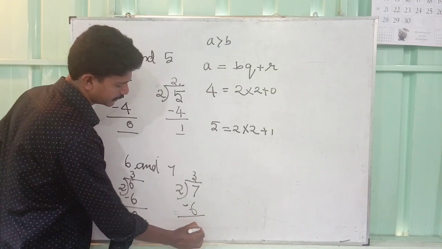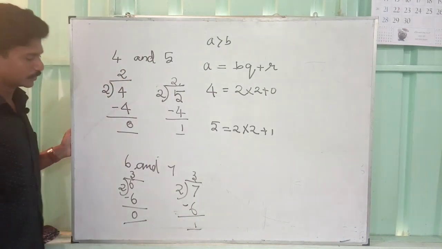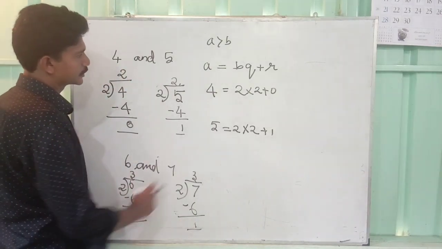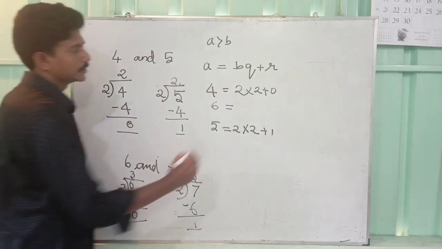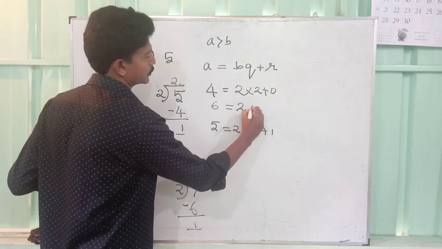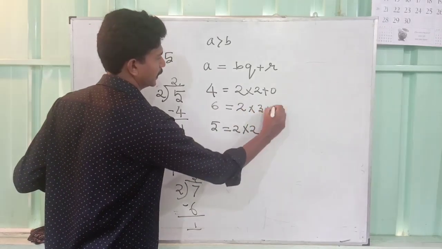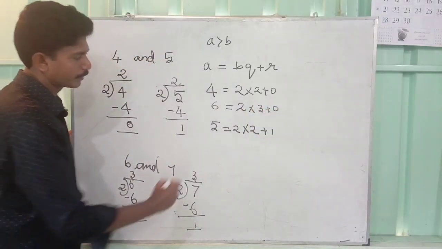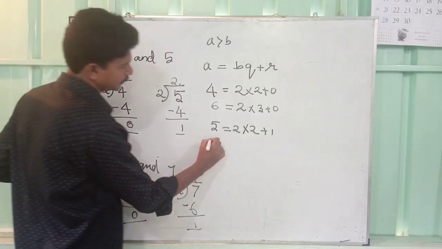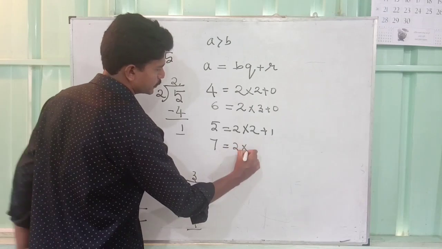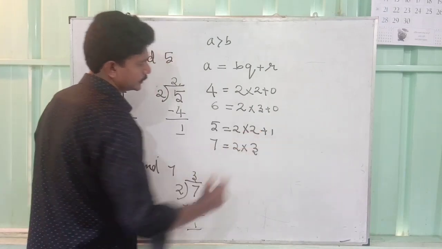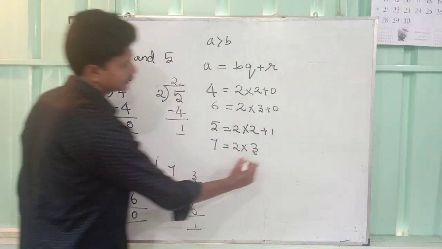When you subtract, we get the remainder as 1. Since 6 is an even number, the divisor is 2, the quotient 3, the remainder is 0. If you take 7, which is an odd number, we divide by 2, and the quotient is 3 plus the remainder 1.